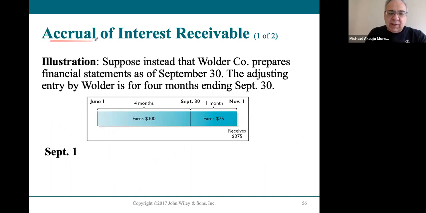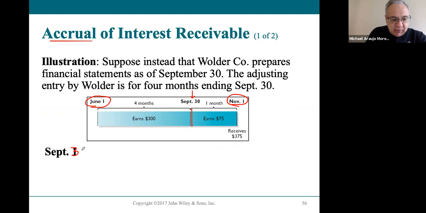Of course, we close the books at a certain period of time. What if you have a note that's outstanding? You have a note that you made in fiscal year X, but it's not due until fiscal year Y. Well, then you have to make an adjusting entry when you close the books. So here on September the 30th, this is incorrect.